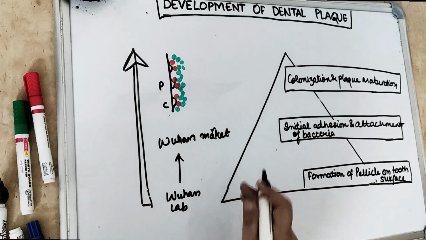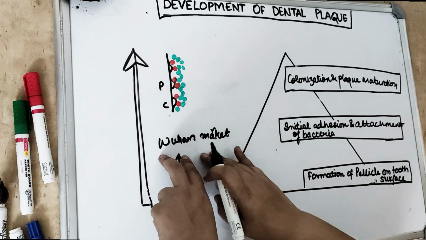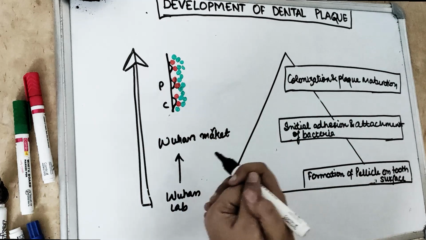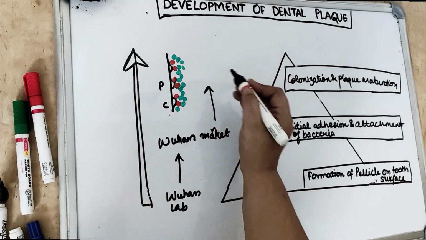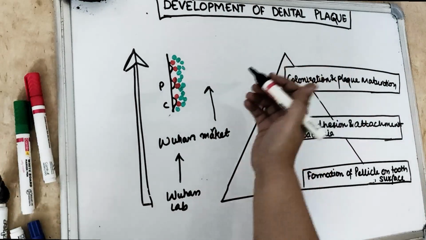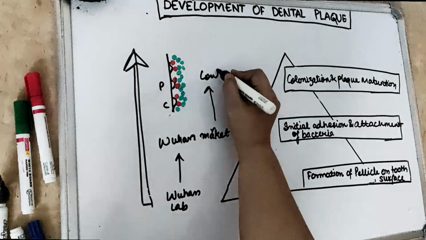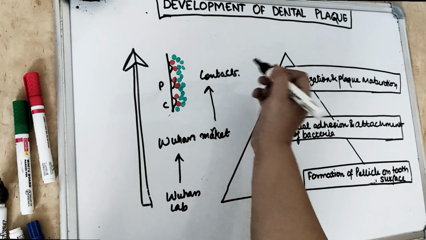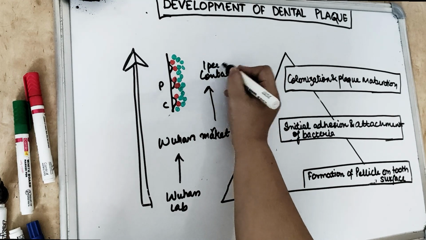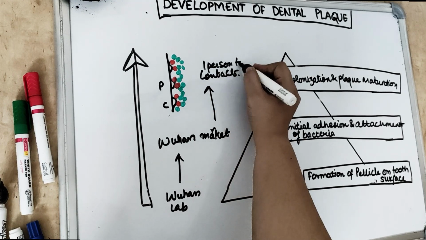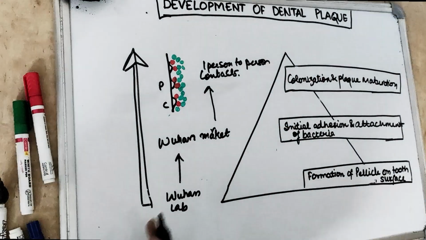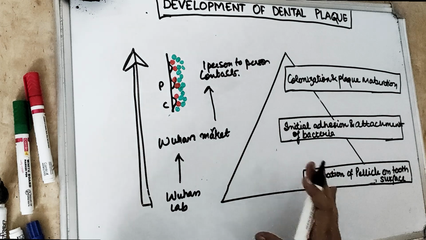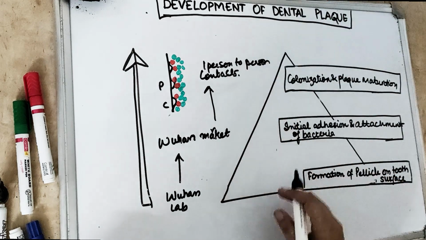So this was the initial adhesion, in which the coronavirus got attached to people in the market, and then later on it spread from people to people. It spread via contact, from one person to another, and spread to the whole world. So the development of plaque is like the spreading of the coronavirus, in the same way, but it is not as deadly as the coronavirus.